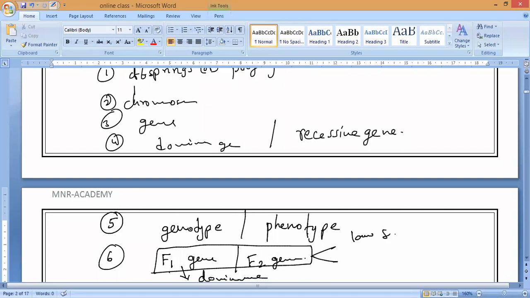The law of segregation, and the law of independent assortment. What is the second law, guys? The law of independent assortment. That is what we study. Now once again we will go through that, because this F1 generation and F2 generation are very important. Later we will continue from there. As we all know, offsprings.